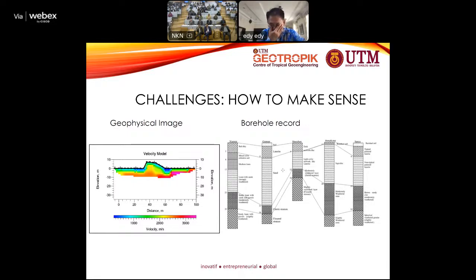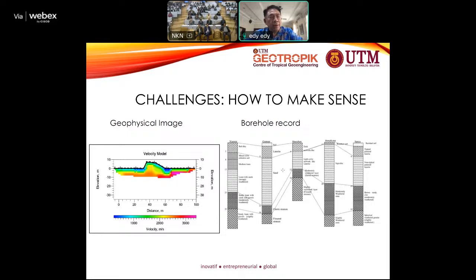But the challenge is how to make sense of what we are actually investigating. For example, in this slide, you can see on the left-hand side, that is the image of seismic velocity, showing the different color, showing the different velocity of wave in the ground. And the right-hand side is the borehole records where we bore a certain number of boreholes in the ground, and then we have the spotted, localized information at that particular location.